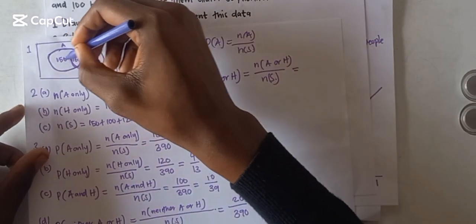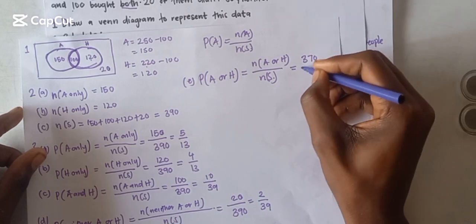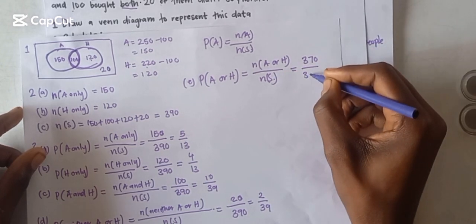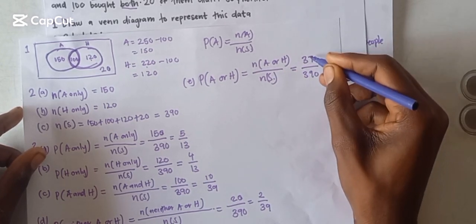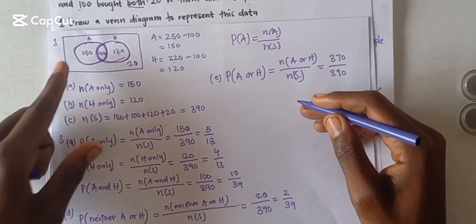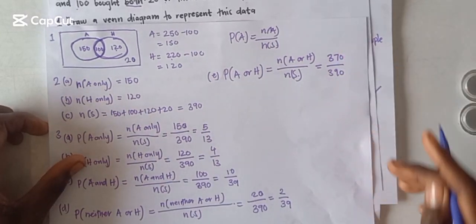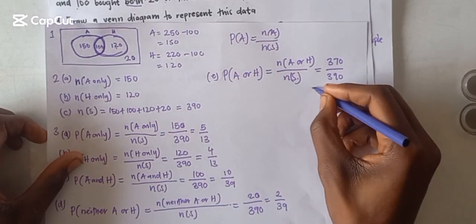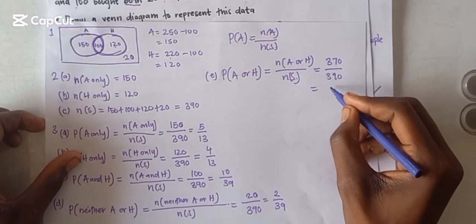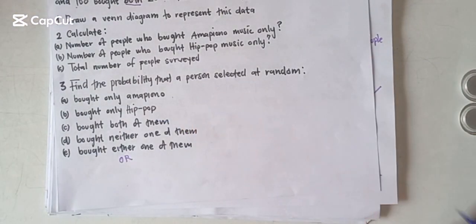If we add these, we get 370 divided by 390. If you're wondering how I found this, I added 150, 120, and this one: 100, 100, 100, and then 70, and it's 370. If you work this one out, you're going to get a probability of 37 out of 39. So this is your probability, and this is how you were supposed to answer this question.